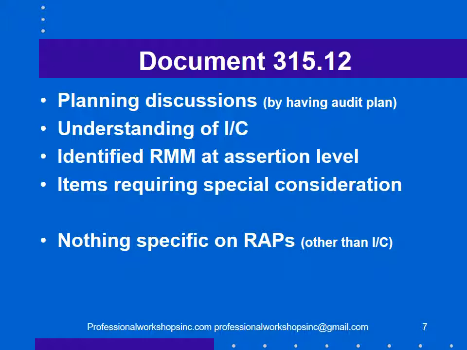And we have to document items requiring special consideration. And there's nothing specific on the documentation of risk assessment procedures, for instance, analytical procedures, other than the documentation of internal control, which is the second point on the slide.